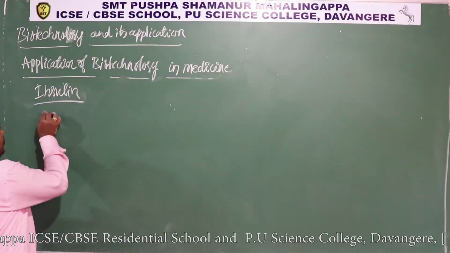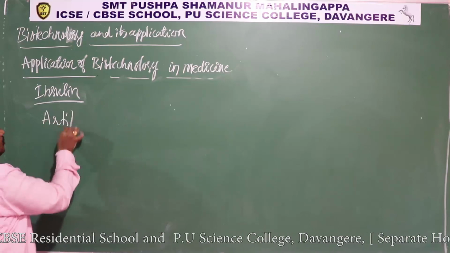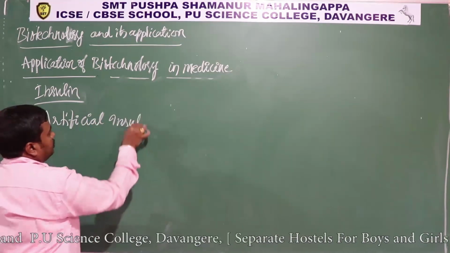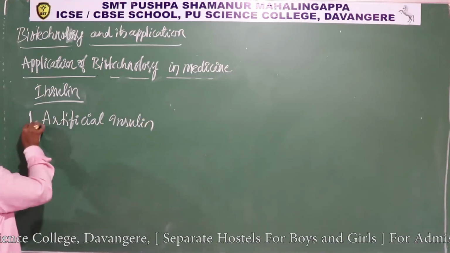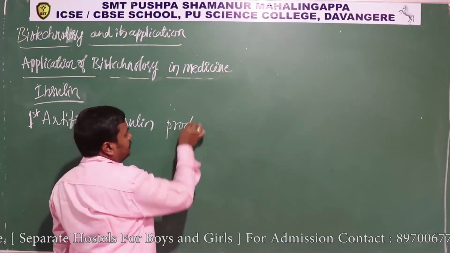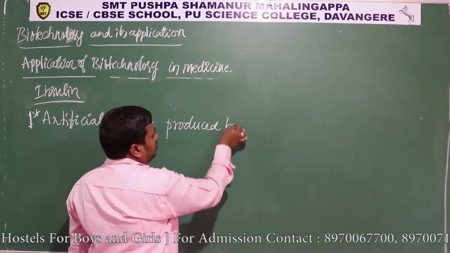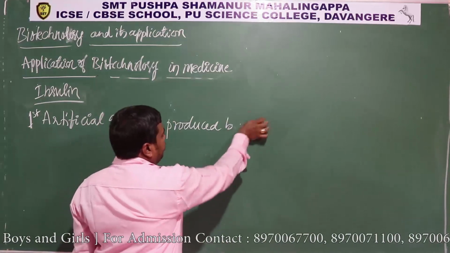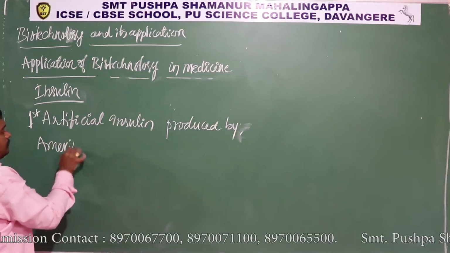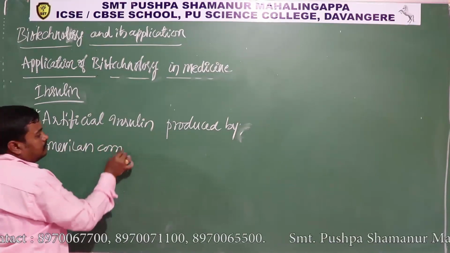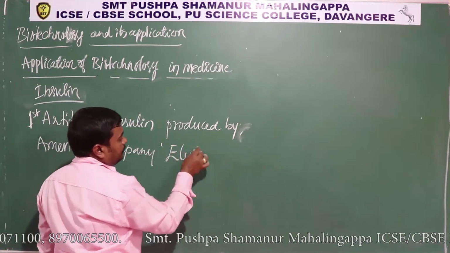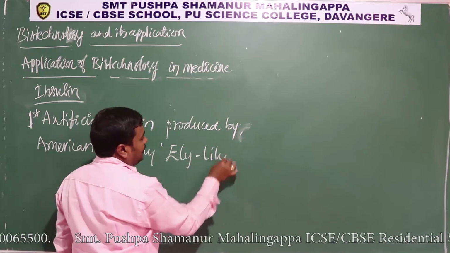The first artificial insulin was produced by an American company, Eli Lilly.